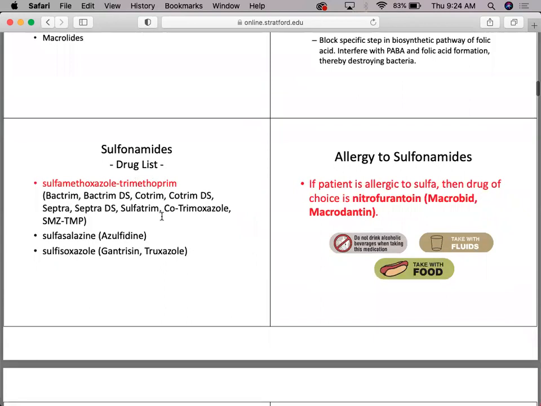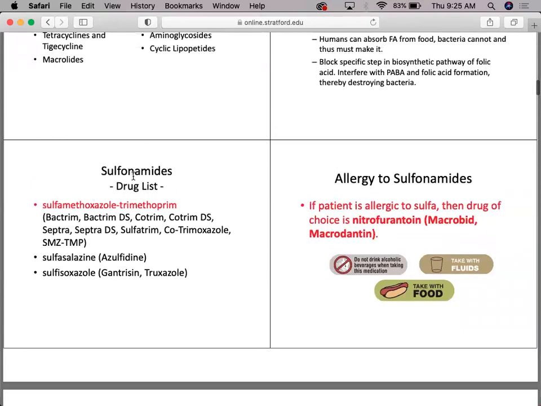Another thing is that, remember during my lectures, I mentioned the most common, or what I saw a lot when I used to practice. So this Bactrim, cotrimoxazole, is very common. So that's the one you memorize for sulfonamides.